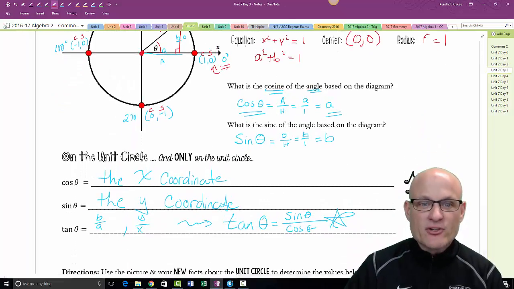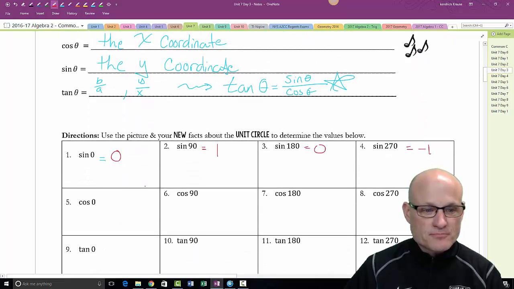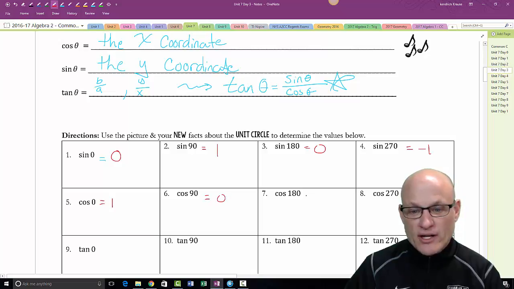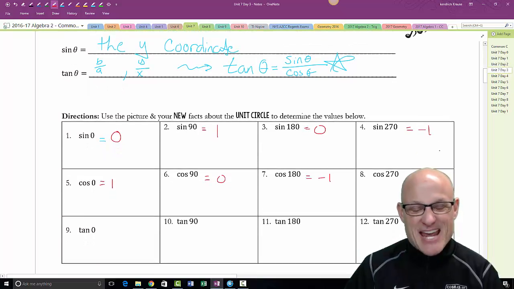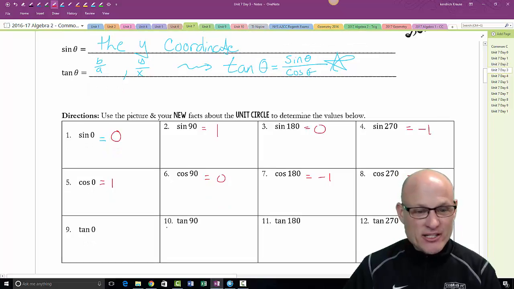Now, cosine of 0 is right here. It's the x value. That's 1. The cosine of 90 is 0. Cosine of 180 is negative 1. The cosine of 270 is 0 again. Now, this one's a little bit trickier. Tangent. Now, tangent is going to be, remember, y over x, sine over cosine.